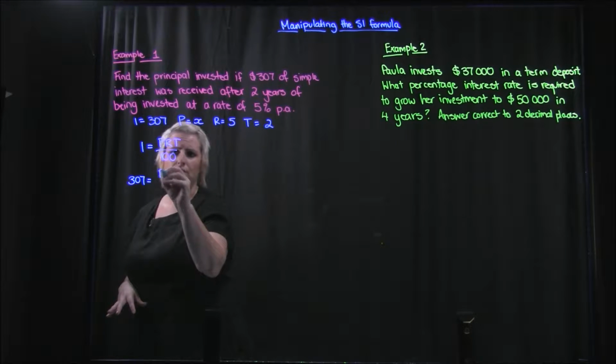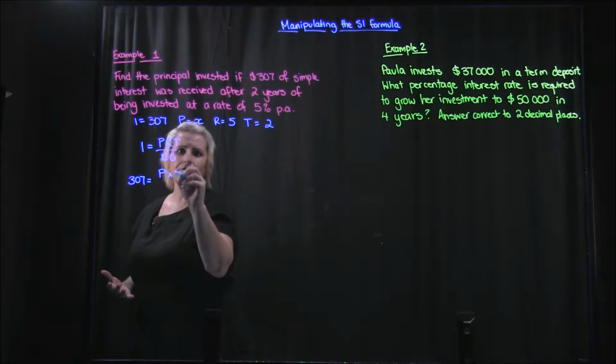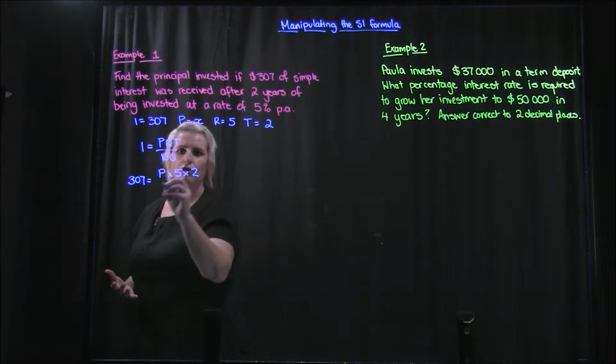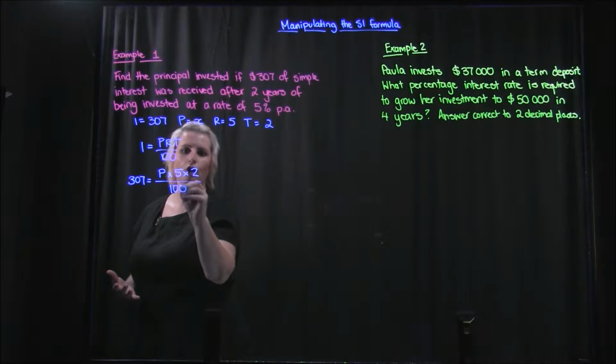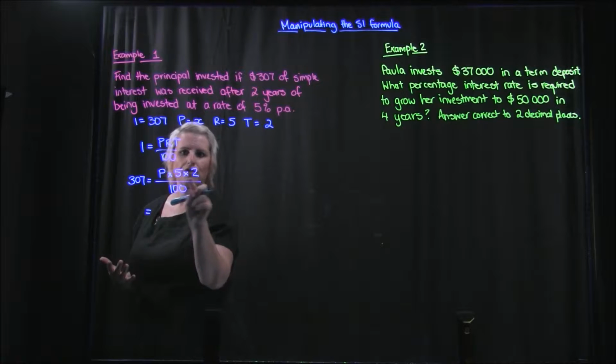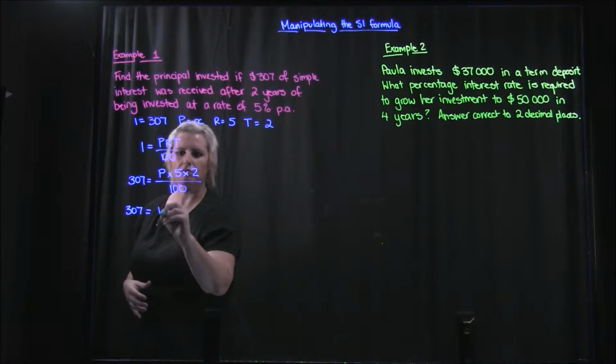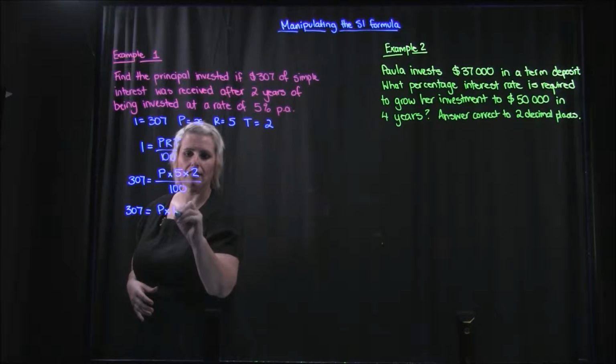The principal is just going to stay P because I don't know. And then my rate is 5, and my time is 2, and it's still over 100. So my next step, I'll just do the 5 times 2, so that you see each step. So 5 2s are 10 over 100.